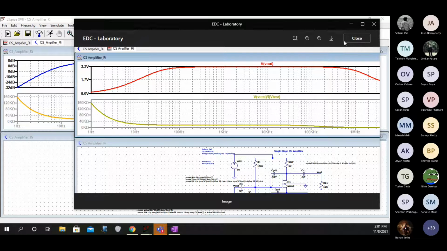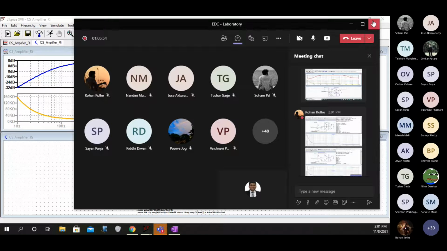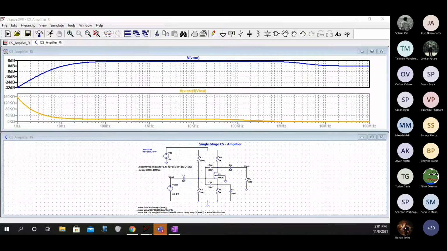But if they are plotted in the same trace, then either you will be able to see Ri or you will be able to see gain. That's the reason LTspice gives you functionality for multiple traces. Did you get it? Yes.